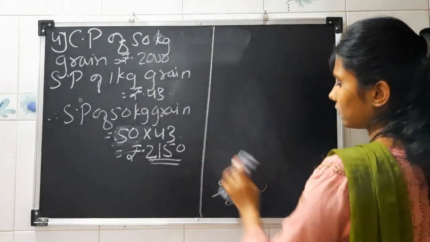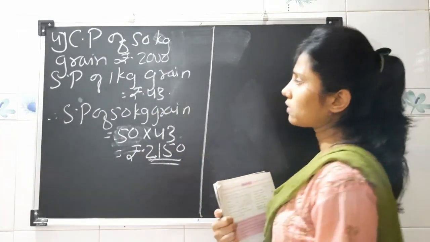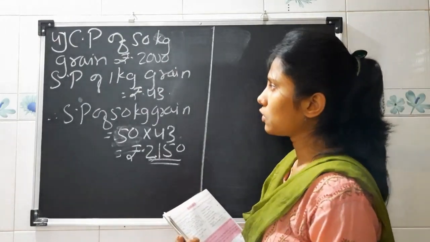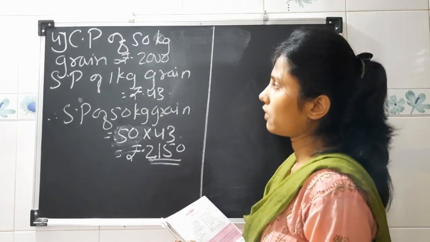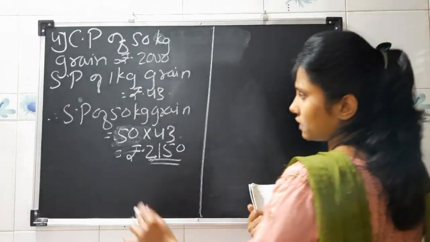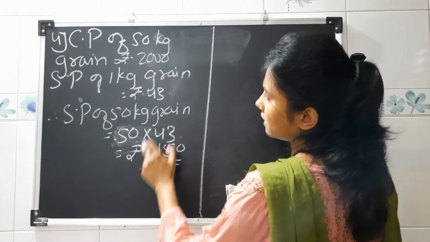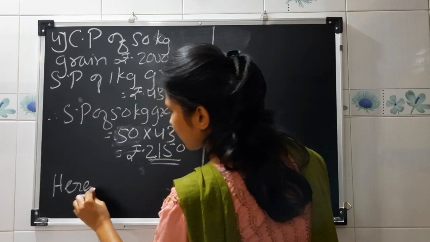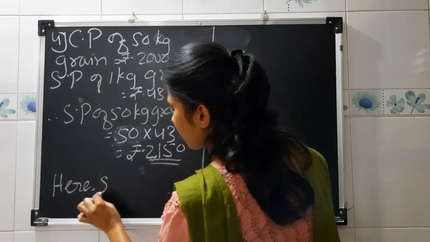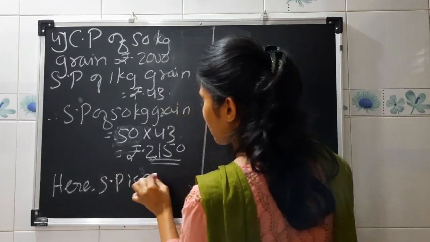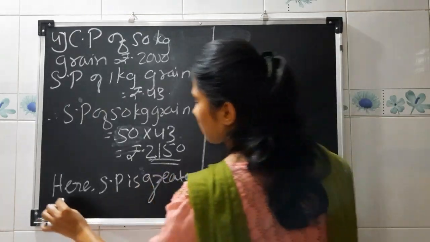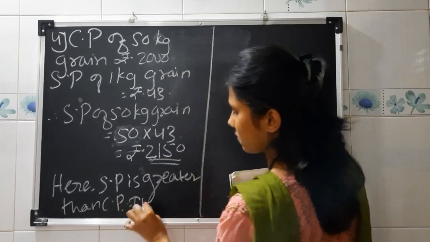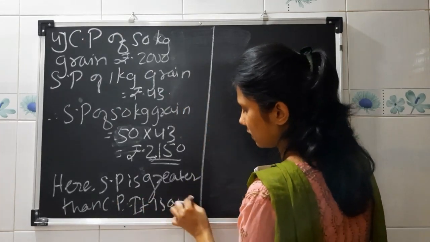We have to first find out whether it is a profit or a loss, and then find the profit or loss percent. Now here selling price is greater than cost price, so it is a profit.